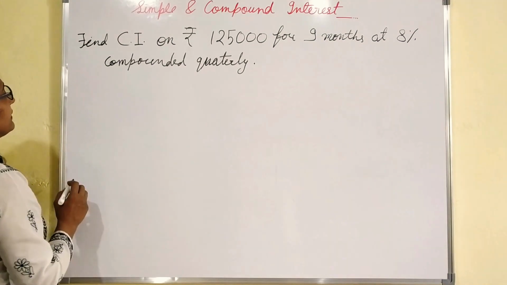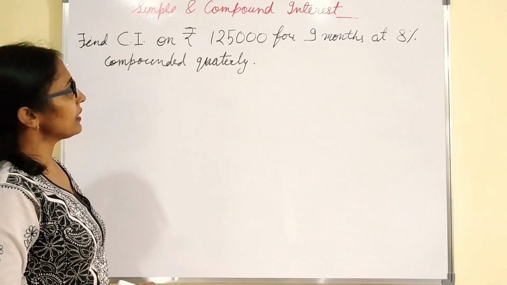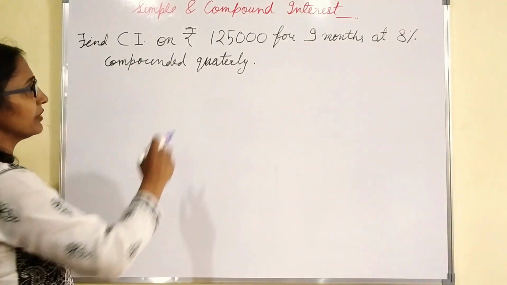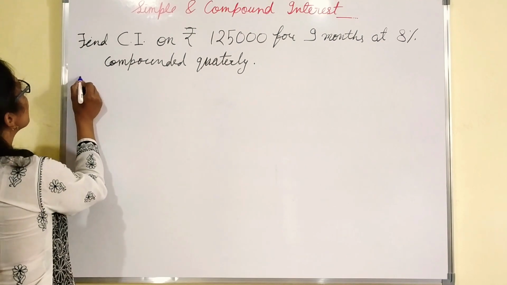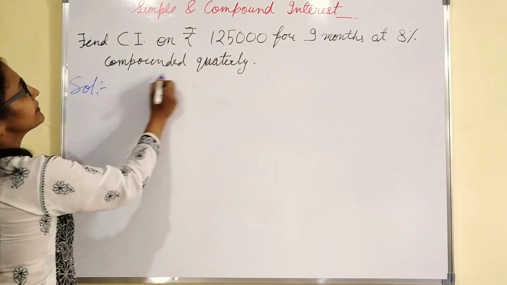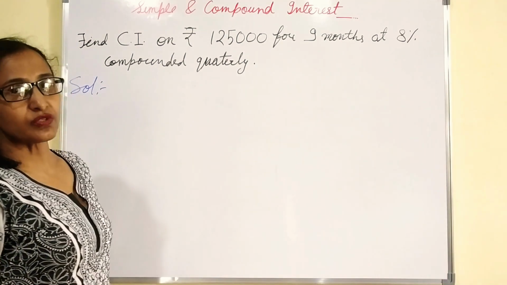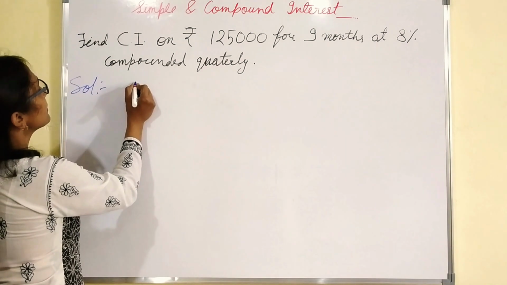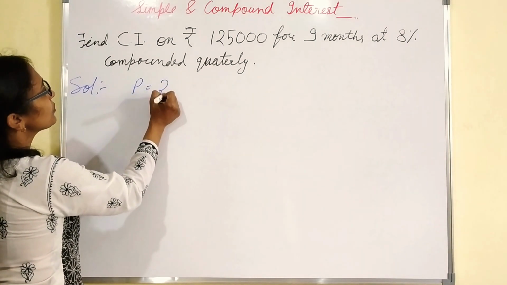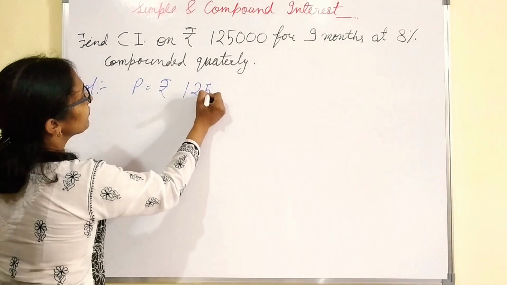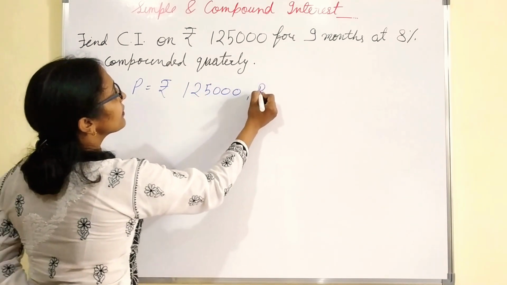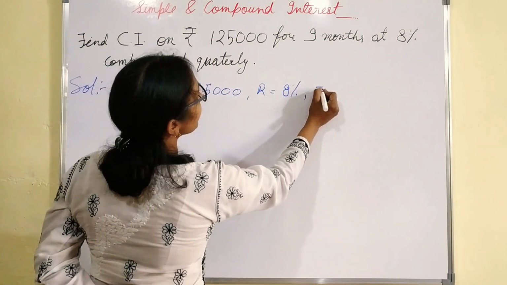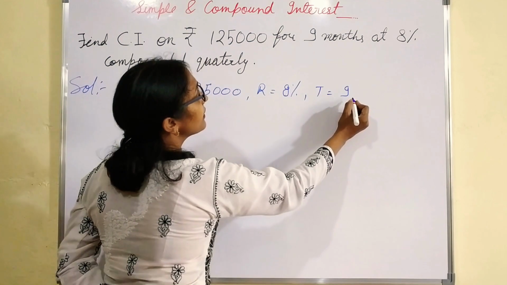Now next question is find CI on rupees 1,25,000 for 9 months at 8% compounded quarterly. When it is compounded quarterly, rate becomes 1/4 and time becomes 4 times. So principal is rupees 1,25,000, rate is 8% and time is 9 months.